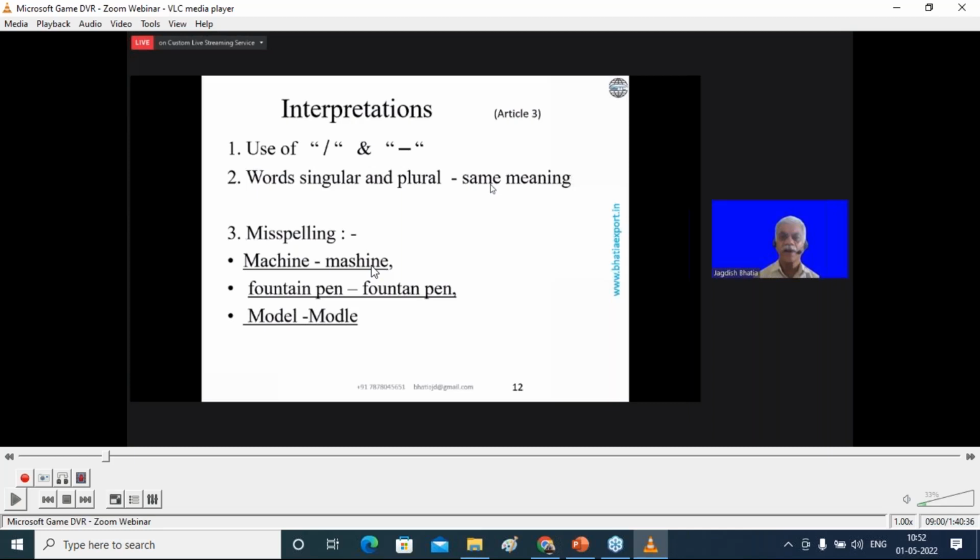So small mistakes, whatever happens, should not constitute a discrepancy.